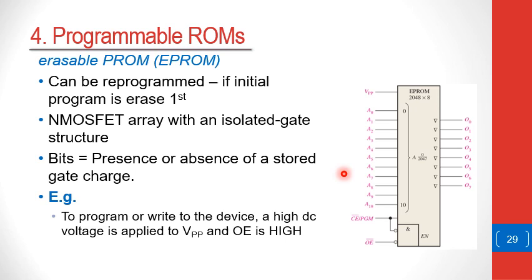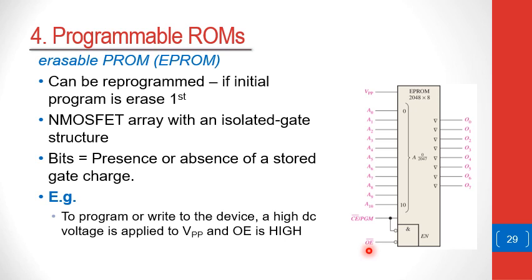An example of an erasable programmable ROM, EPROM, is shown in this figure. To program the device, you will notice that the device has an input VPP as well as an output enable input.